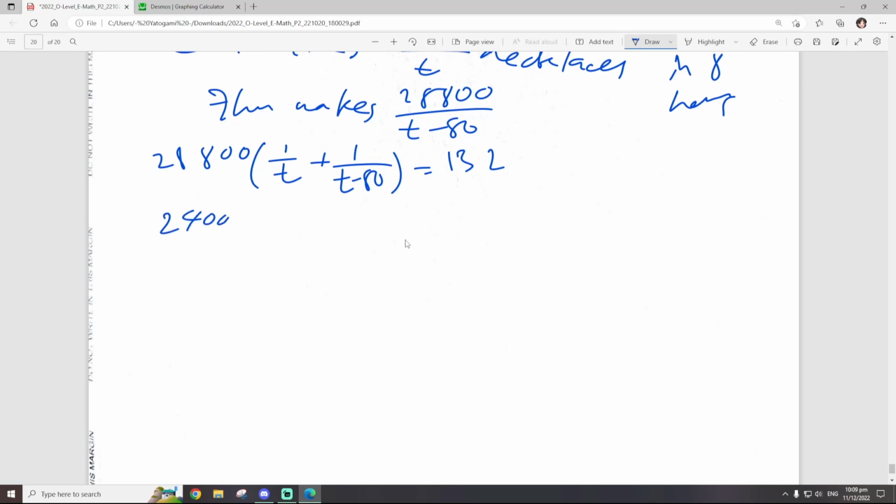So you get 2400. 1 over A plus 1 over B is A plus B divided by AB. So 2t minus 80 divided by t times t minus 80. This is 11 if you simplify.